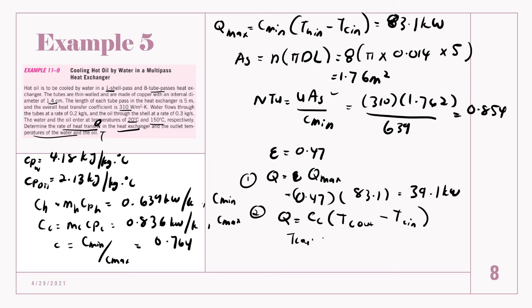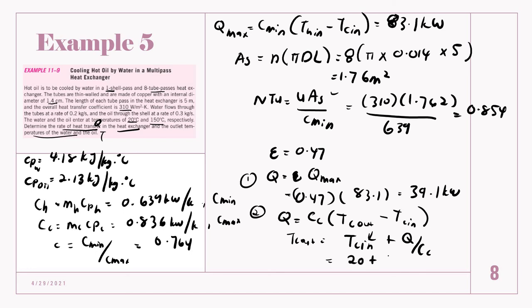So TC out would be TC in plus Q over Cc. So directly input TC in, we know that for the water is around 20 degrees Celsius.